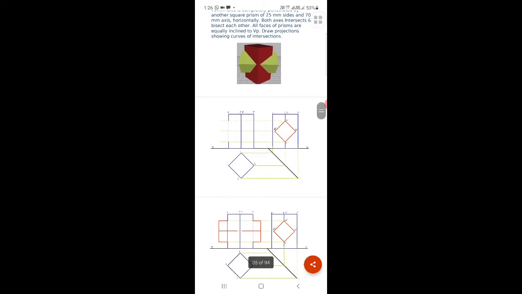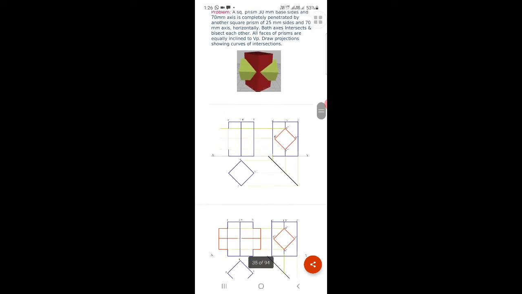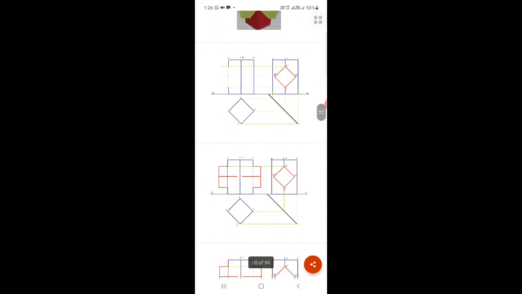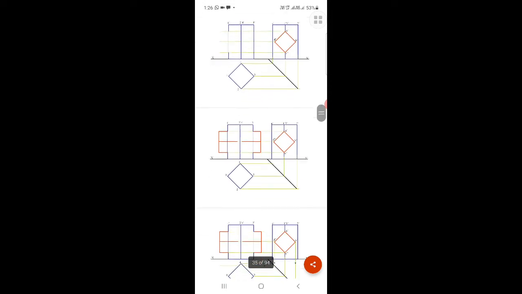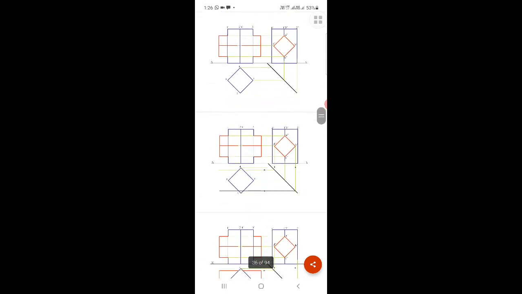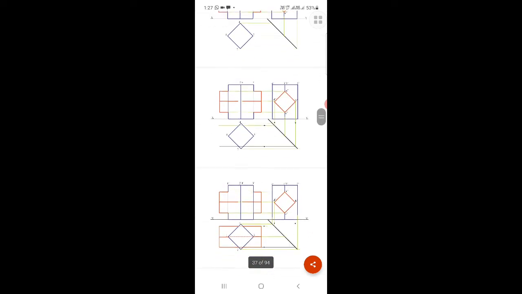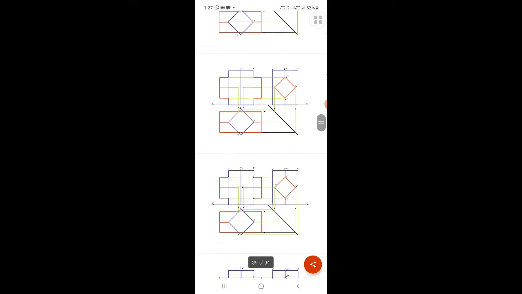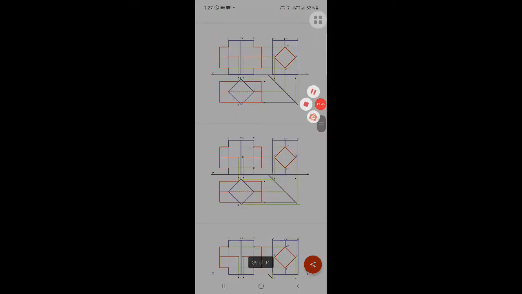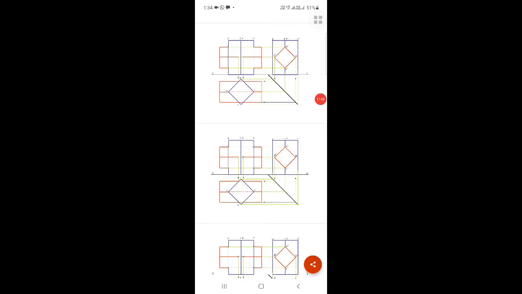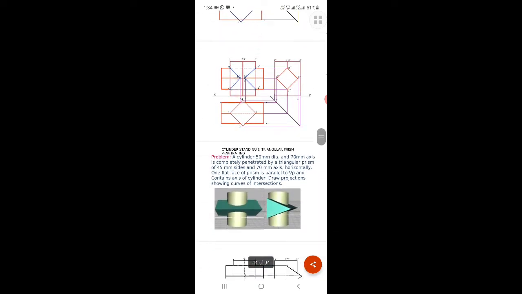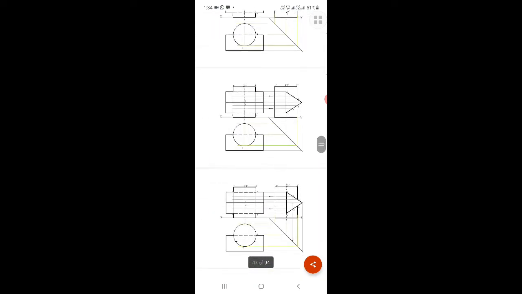So that is one prism, and the second prism is intersecting with edges A B C D, 1 2 3 4, marking on this. This is the procedure. This diagram shows the different types of prisms. So this is the required answer. Let's see another example.